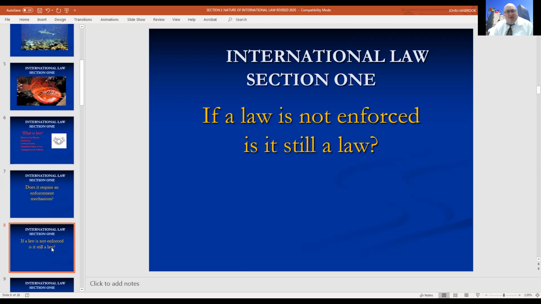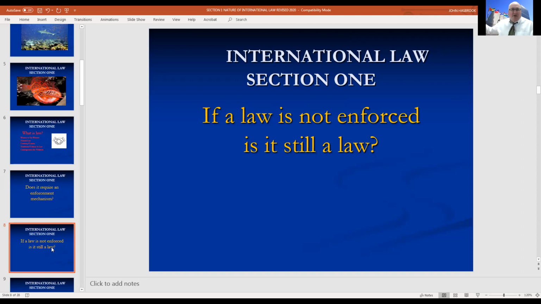And that's one of the dilemmas of international law versus domestic law: we don't have that clear-cut enforcement mechanism. Now, we'll be talking about historically how that's changed over the years, where over time, through various organizations and treaty making, we have more and more enforcement mechanisms which are similar to what we see in domestic law.